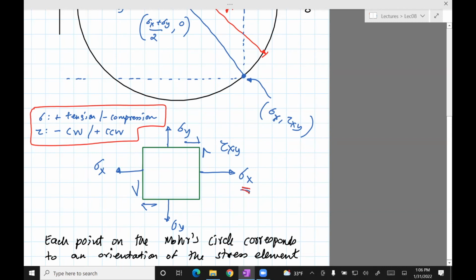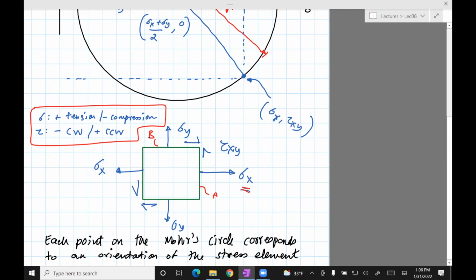This stress is shown as tensile stress, so it has a positive sign. Let's say this face is A, and this face is B. You can do the same thing with the face down and the left side if you want. It's up to you, but really we need two faces to start drawing the Mohr circle.